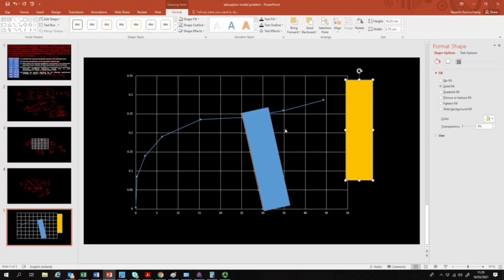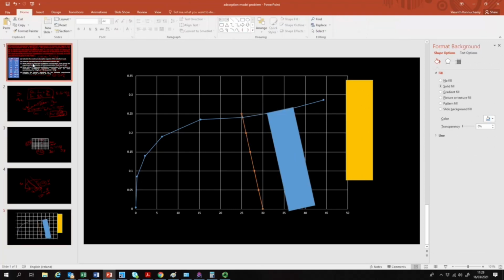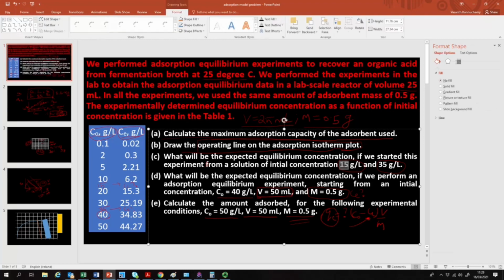So what you have to do is, we already have the operating line, and if you go back to the question, I asked what will be the concentration if you perform the same experiment starting from a solution of 15 grams per liter. I already explained this in the lecture videos.